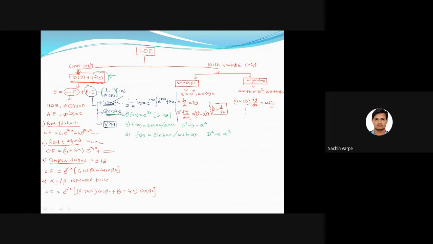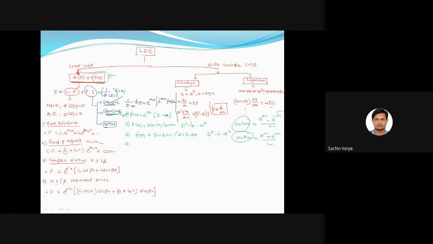Sine hyperbolic ax can be written as e to the power ax minus e to the power minus ax upon 2, and cos hyperbolic ax can be written as e to the power ax plus e to the power minus ax upon 2. So hyperbolic sine and hyperbolic cos become exponentials, and then we can use the case of exponential to get the particular integral.